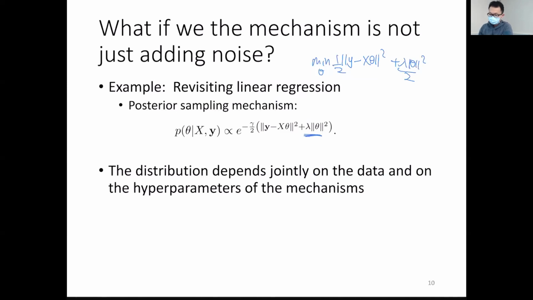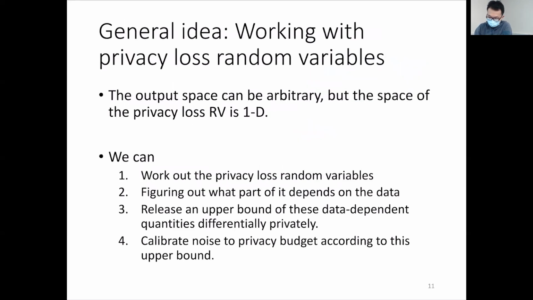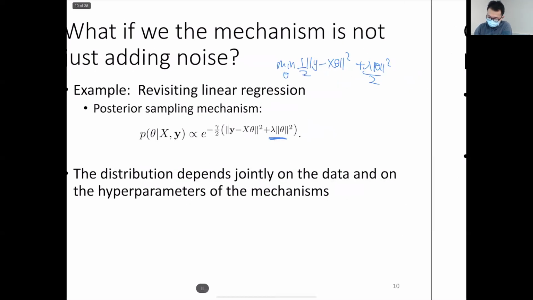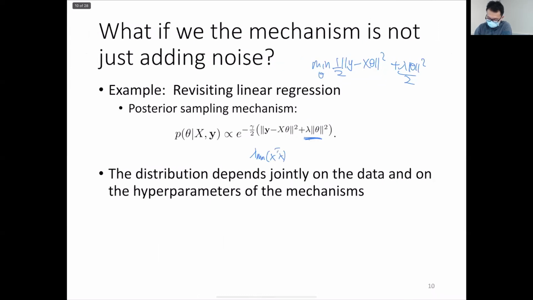Right, but in practice, more often than not, our design matrix X is actually quite well conditioned. So the lambda mean of X transpose X can be bounded away from zero.